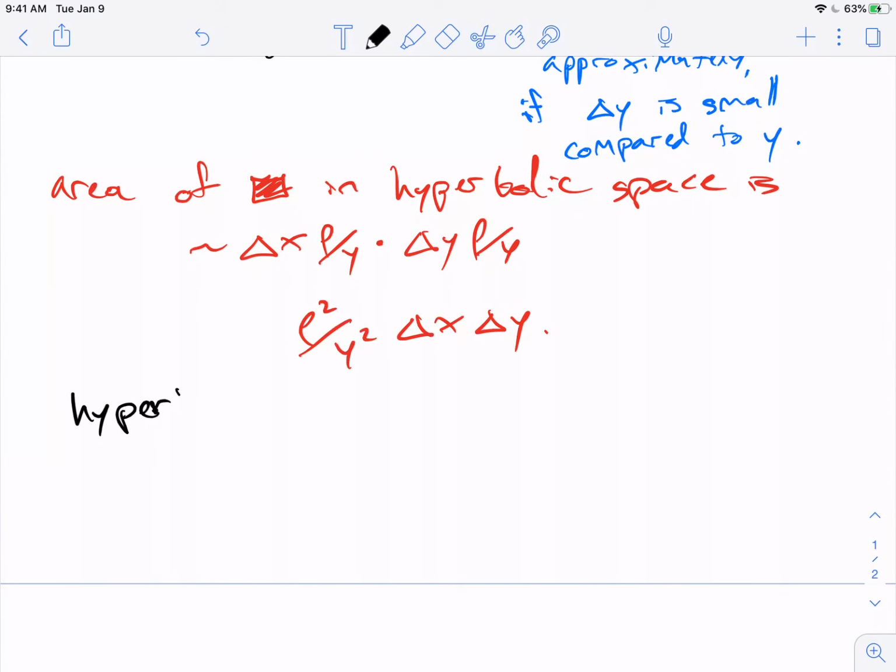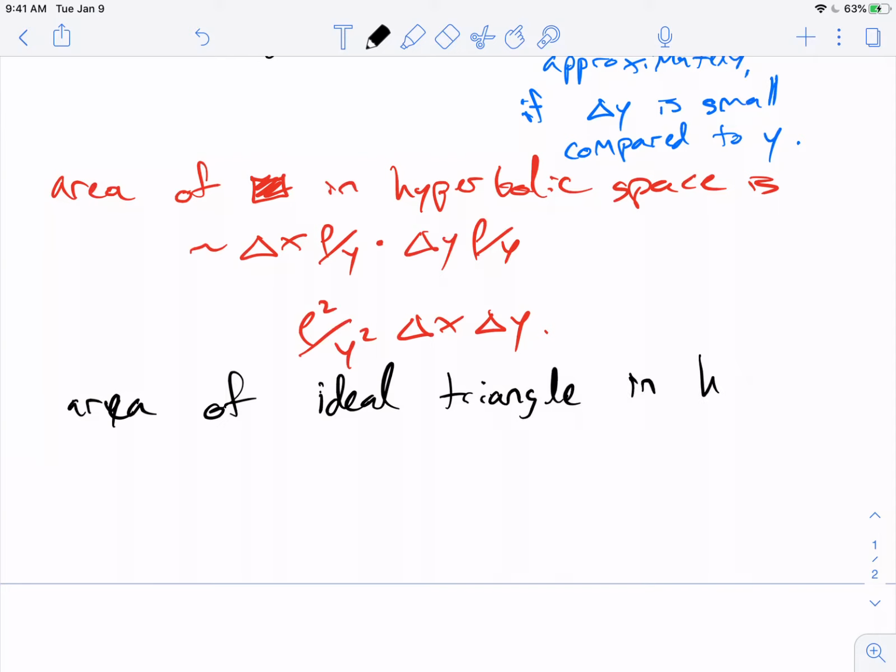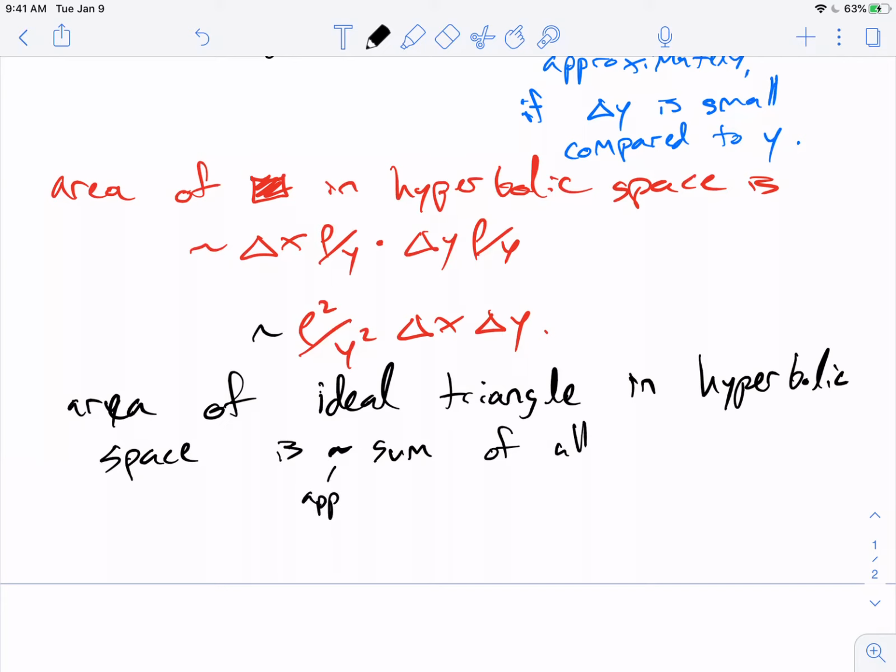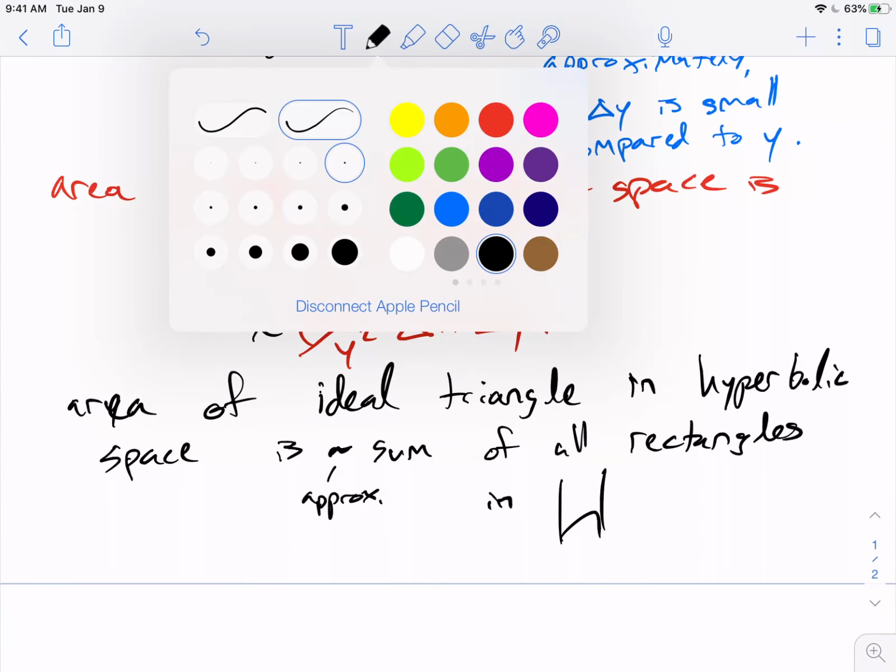And so the area of the ideal triangle, in the hyperbolic sense, well, I'll say the area of the ideal triangle in hyperbolic space is going to be approximately the sum of all the rectangles in this region, the sum of the hyperbolic area.